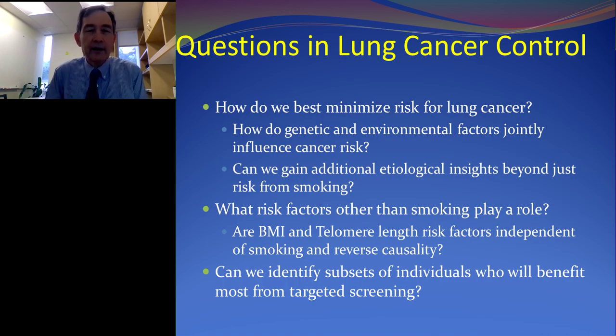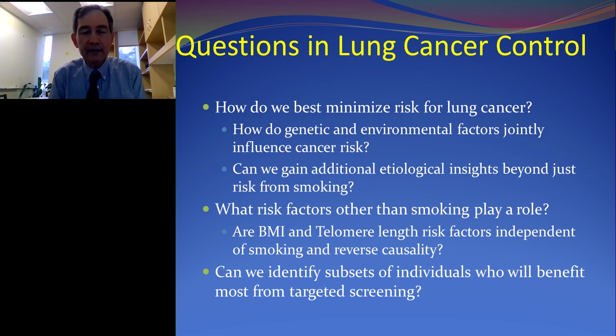So in lung cancer control, we'd like to minimize risk. To do that, understanding how genetic and environmental factors jointly influence cancer risk is important. Tobacco smoke has many constituents, so genetic studies may provide some insights into the mechanisms by which smoking behavior is maintained, and also potentially how those harmful components in cigarettes are influencing risk.